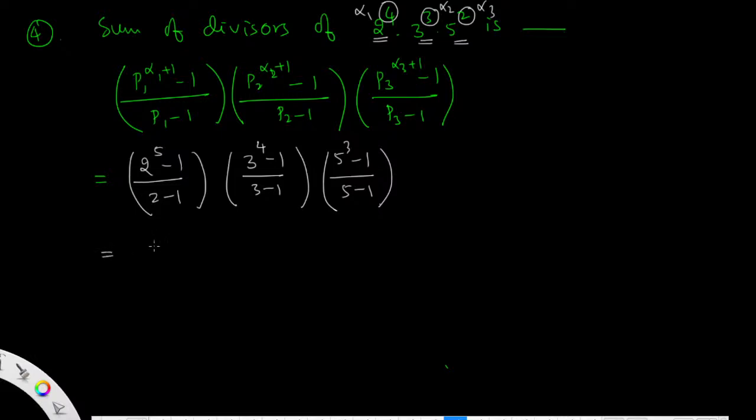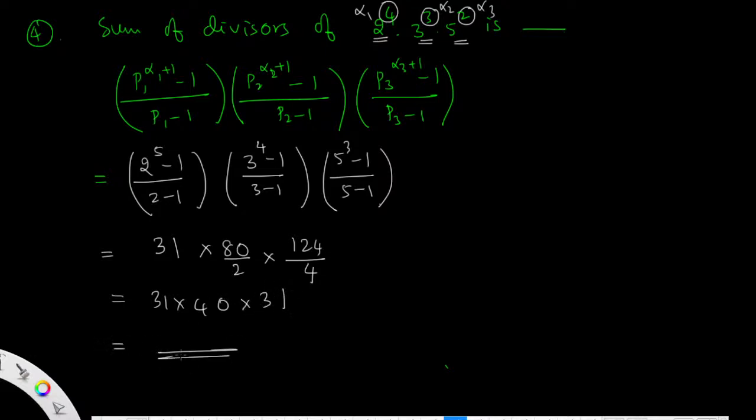So that is 32 minus 1, 31, into 3 power 4 means 81, 81 minus 1 is 80 by 2, into 5 cube means 125, 125 minus 1 is 124 by 4. So that is 31 into 40 into 31.